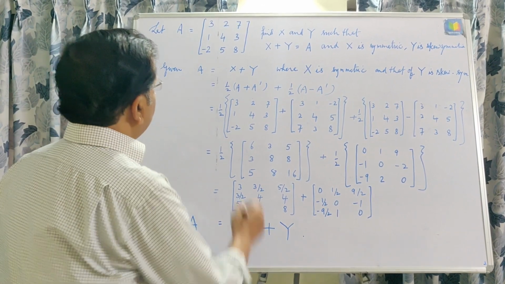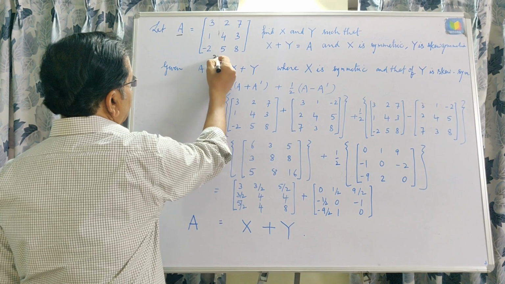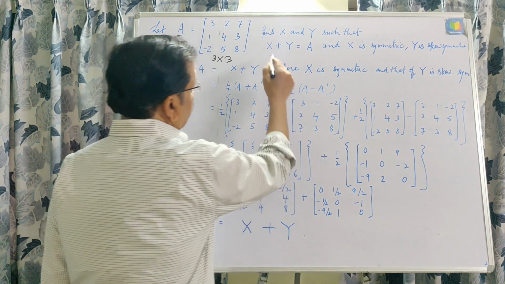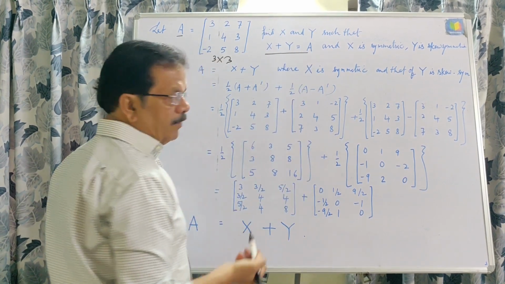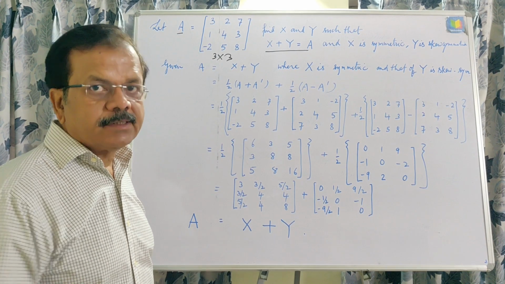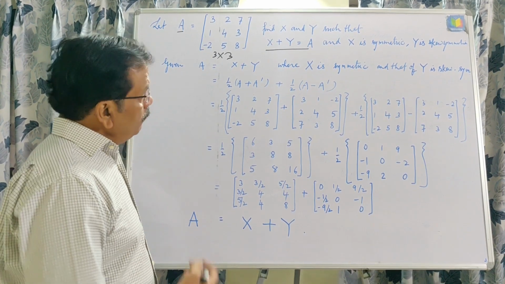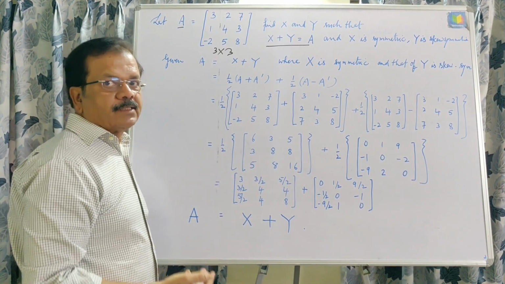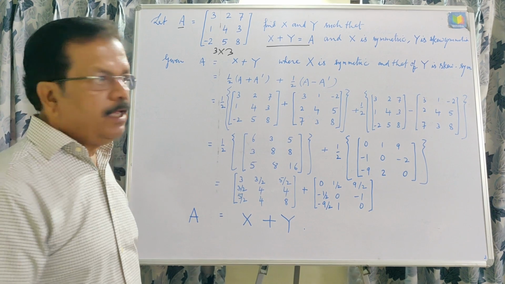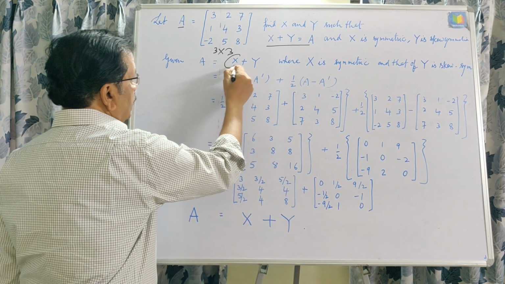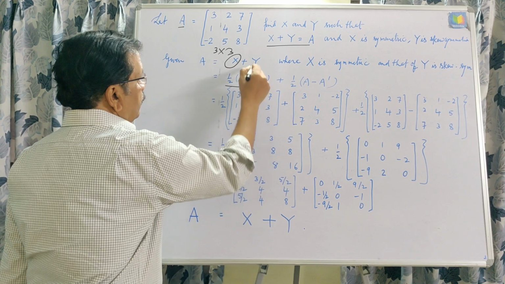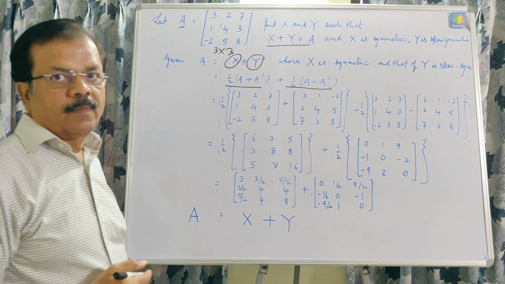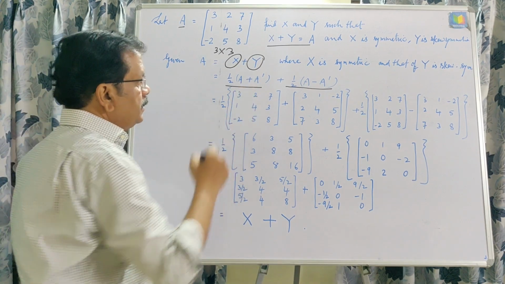In this question the matrix A is given, this is a 3 cross 3 matrix, and find X and Y such that X plus Y is equal to A, where X is symmetric and Y is skew symmetric. Again we can say that if A can be written as X plus Y, where X is symmetric and Y is skew symmetric, then the value of X will be half (A plus A dash) and the value of Y will be half (A minus A dash), where A dash is A transpose.